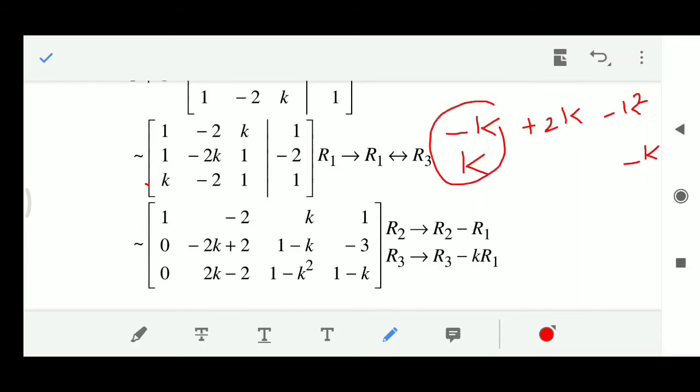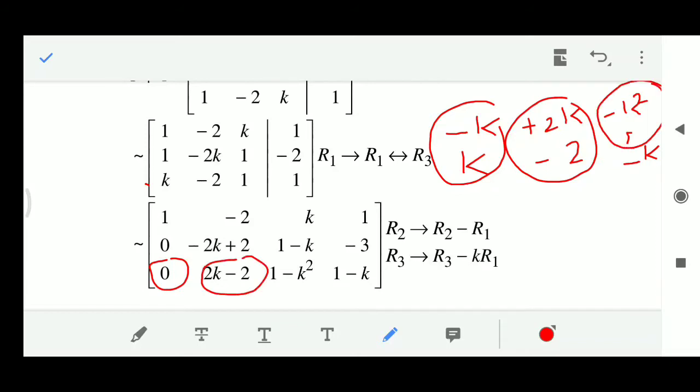Now you write the third row: k minus k gives 0, then minus 2 plus 2k gives 2k minus 2, then the third element 1 minus k square, then the last one is 1 minus k.